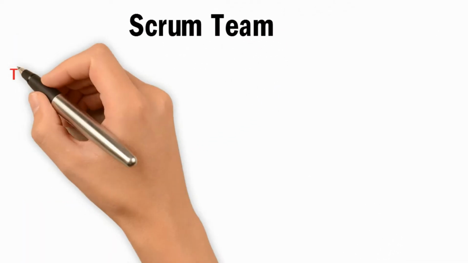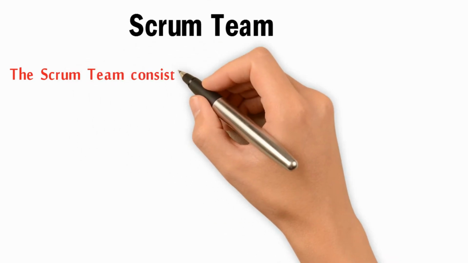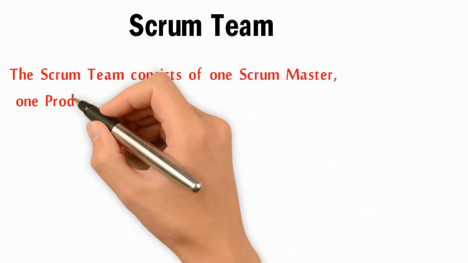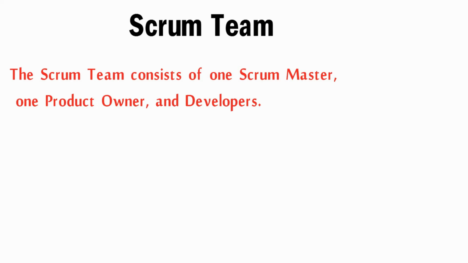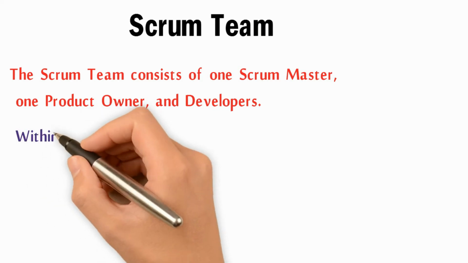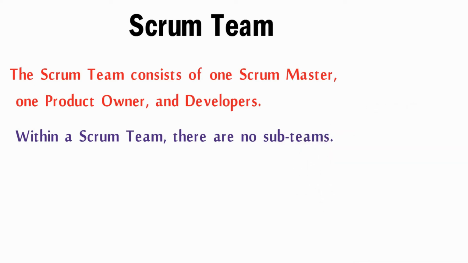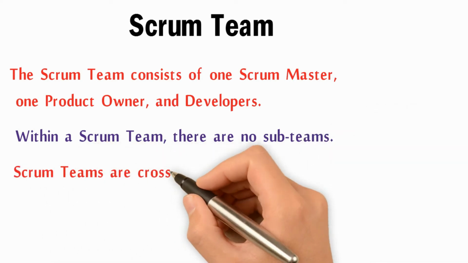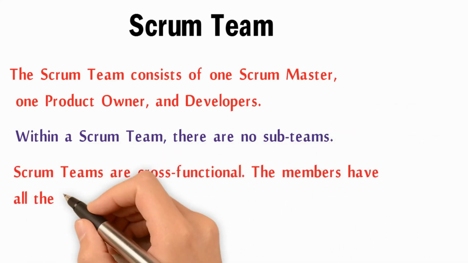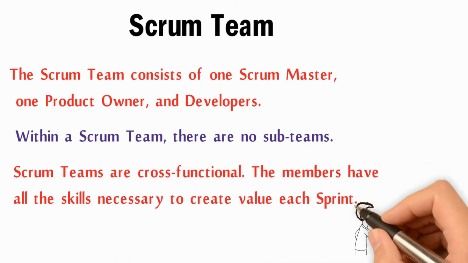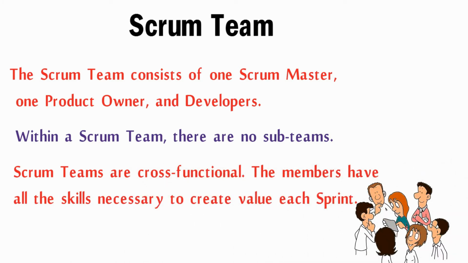Scrum Team. The Scrum Team consists of one Scrum Master, one Product Owner, and Developers. Within a Scrum Team, there are no sub-teams. Scrum Teams are cross-functional. The members have all the skills necessary to create value each Sprint.